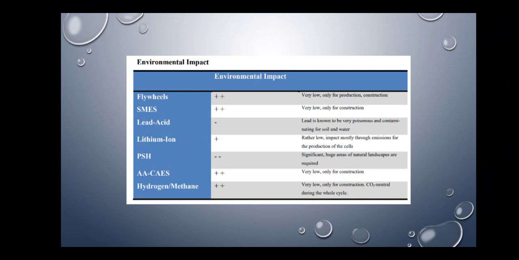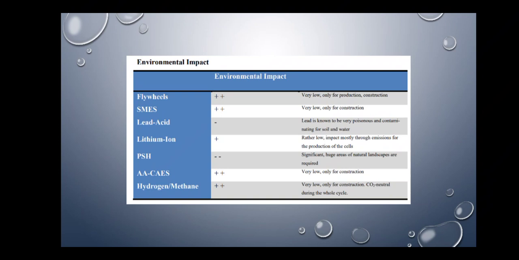Environmental impact of these energy storing technologies. Flywheel has a very low impact on the environment, only from production and construction. SMES also has a very low impact, only from construction. Lead acid is known to be very poisonous and contaminating for soil and water.